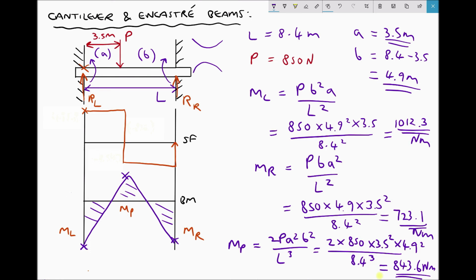Now, if we include some values on here, we know that ML is minus 1012.3. And we know that MR is minus 723.1. Both of those are in Newton meters. And we know that the bending moment at the point of application of the force, MP, is positive 843.6.